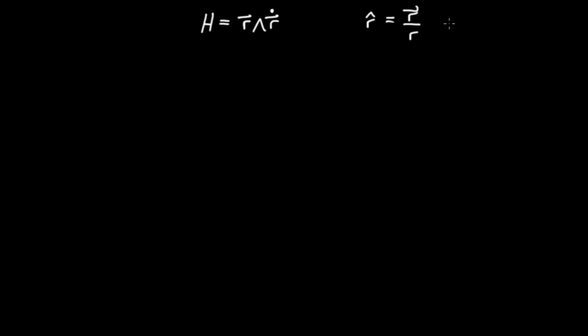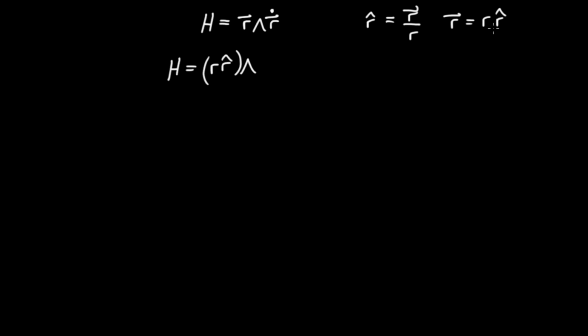I'm going to rearrange this and say that the vector r is equal to some scalar r times r hat. I'm going to take this expression and substitute it into that first factor in the wedge product. So I have h is equal to r hat wedged with r dot.